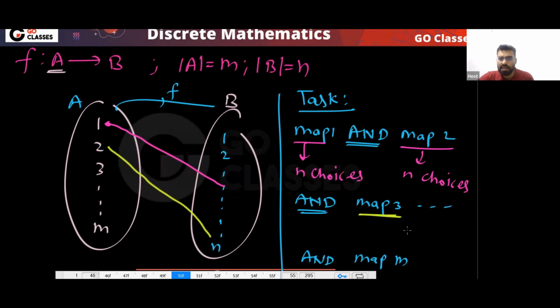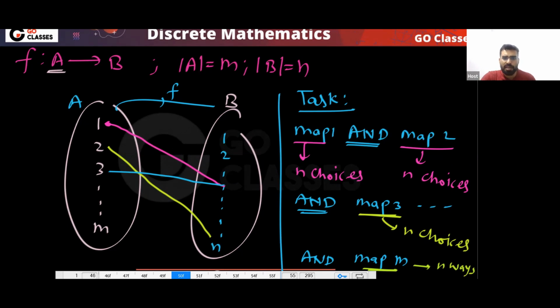To map 3, again we have n choices; this 3 you can map anywhere. Like this, and so on, for every element we have n choices.